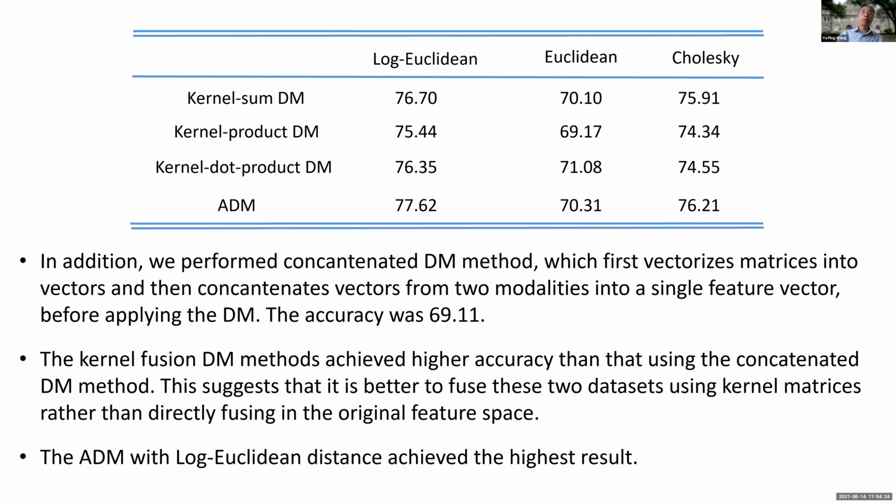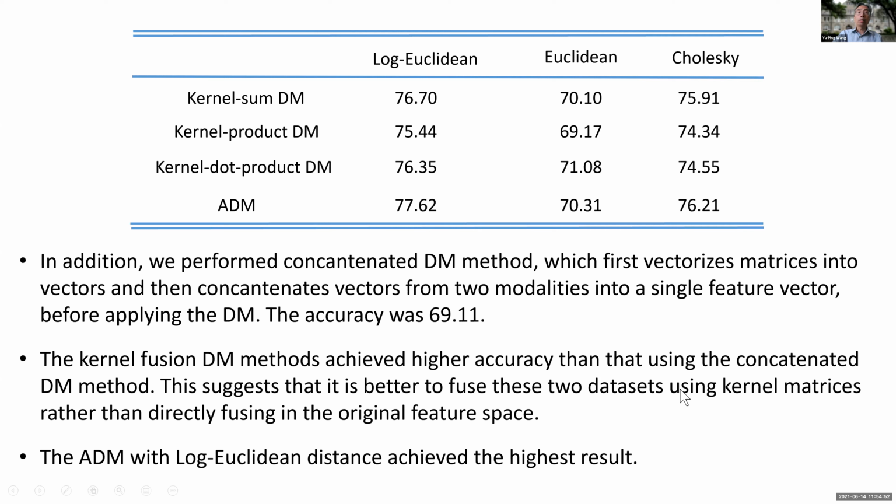So here is the result. You can see using our alternating diffusion map-based approach and also using the log-Euclidean distance, we can get the best result. And this accuracy is even higher than using the single modality.